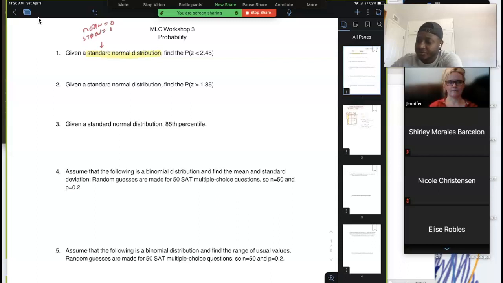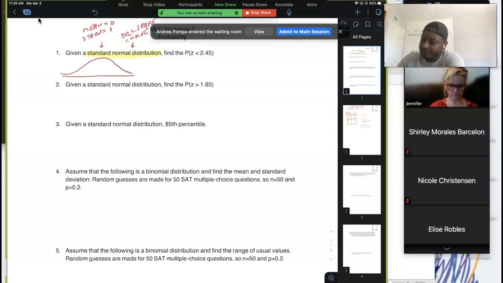Normal distribution just means you have a bell-shaped curve. And so that's your graph. So my graph looks like this. And as long as you have a standard normal distribution, that graph never changes. It'll always be the same.